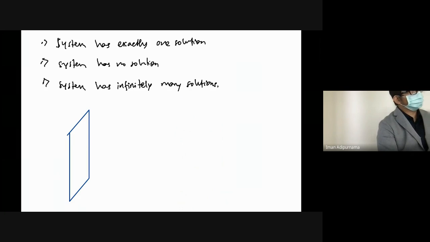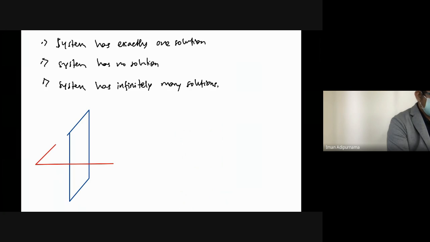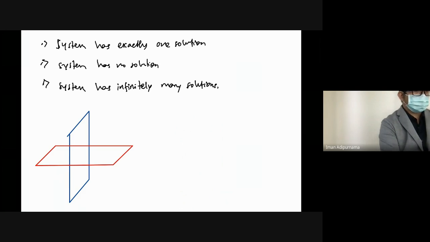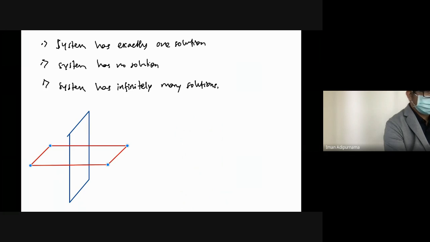So if you have 3 variables, you will have a plane. Okay, you have a plane. Okay, that's the first one.